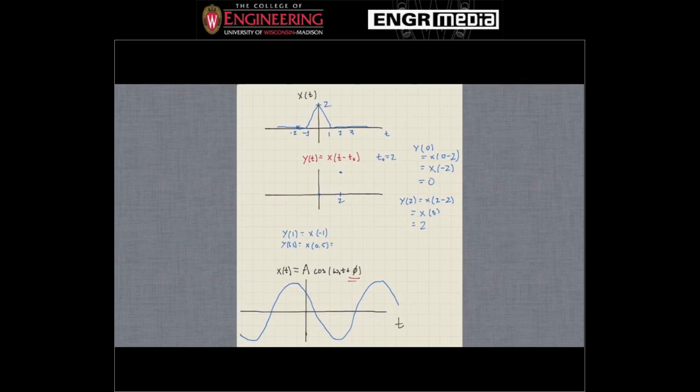And that's just equal to, well, it should be 1, right? Okay, so we've got a couple of points on the plot, and we can just fill it in from there. Okay? So this value of 2, that was just t naught.